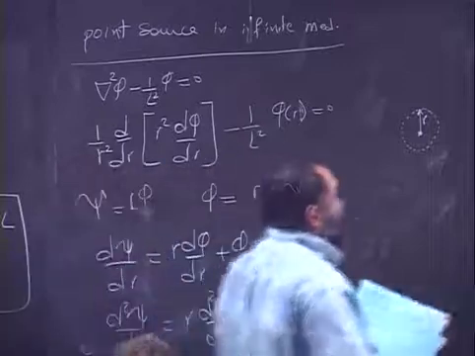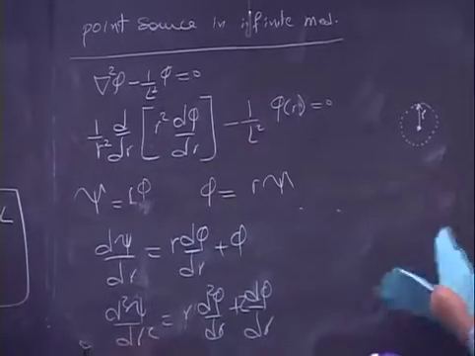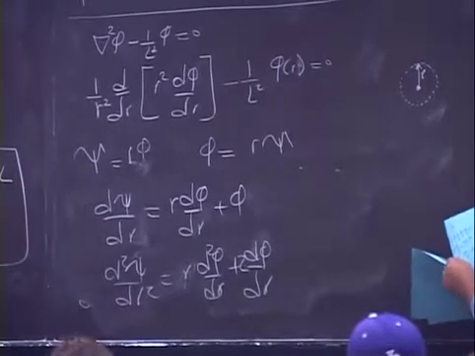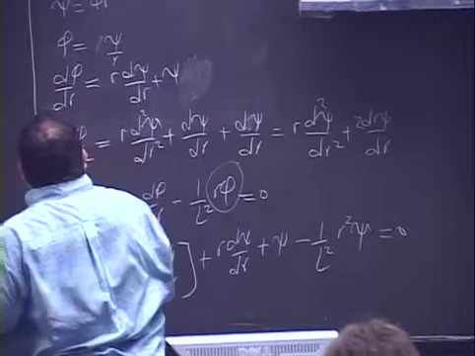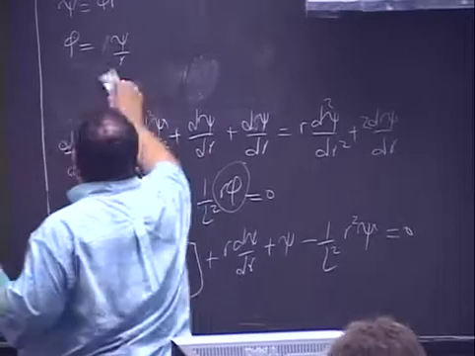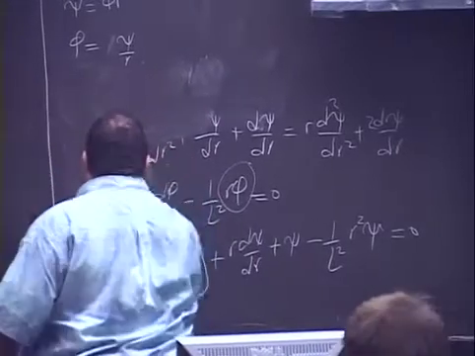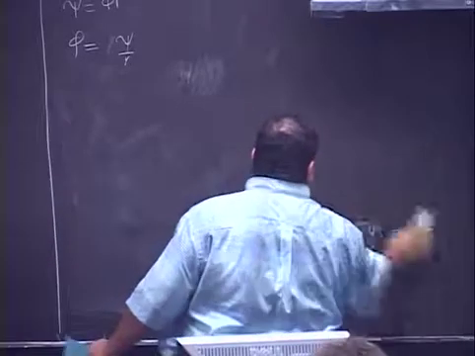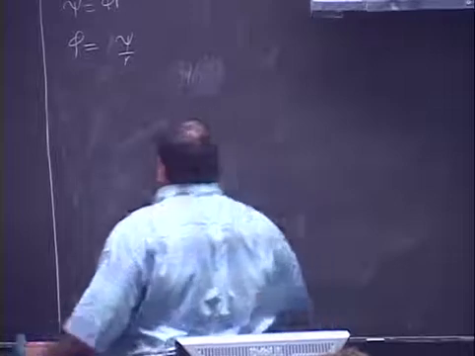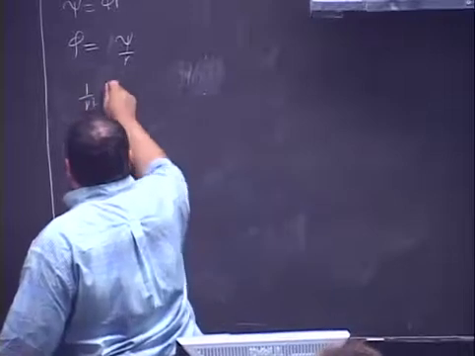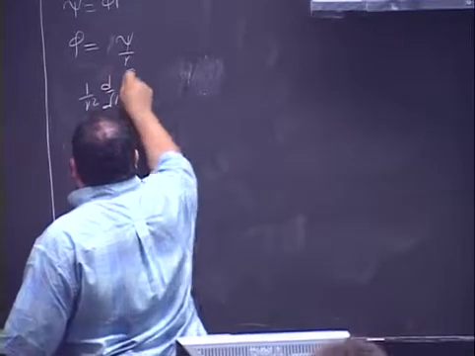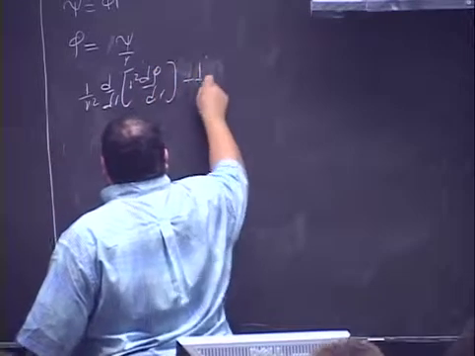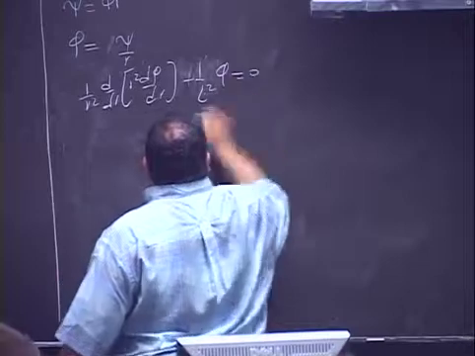Then if you substitute this into the equation for the flux, the equation is just 1 over r square d by dr of r square d phi by dr, minus 1 over L square phi equal to 0.